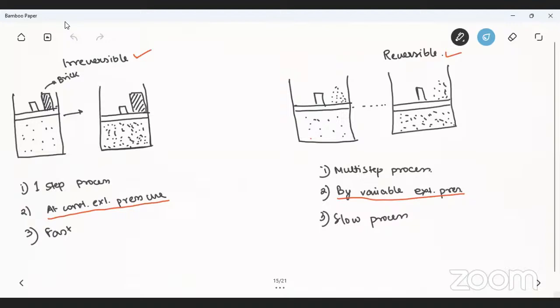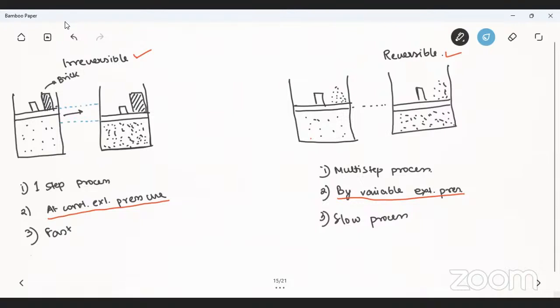What was the irreversible thing? This is our whole system. We placed a brick and immediately the piston went down. From here it went to here, so the level was not the same. Initially the level was like this and now the level is here. So this is our irreversible process.